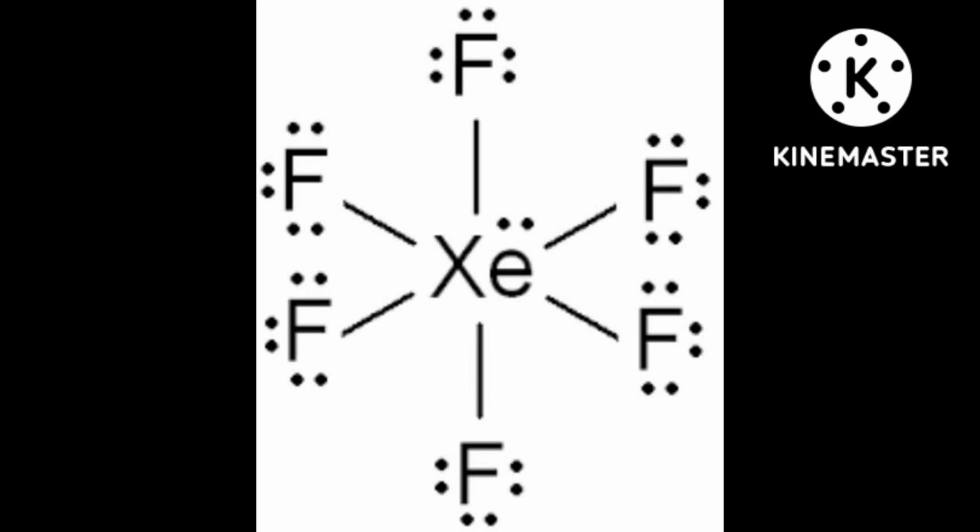Sulfur also has 6 valence electrons, so for sulfur also this is completed. 4 plus 4, 8. So for sulfur, the central atom, and for the 2 oxygens, up and down, the octet is completed. Now see where it is failing.